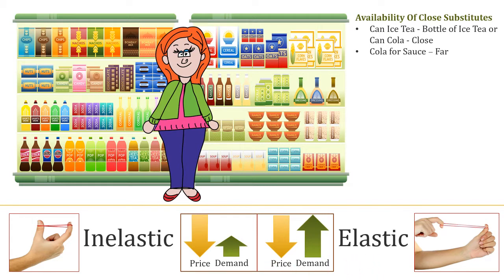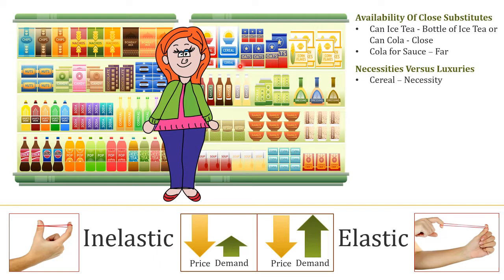So the next thing that we might want to look at is necessity versus luxury. Well, the truth is, cereal is probably much more of a necessity for this young lady. She has a couple of kids at home. She needs to buy some cereal. She can buy this, she can buy cornflakes. It's a necessity, so she's probably going to be more likely to buy it. Maybe she'll try to decide between which one of these three.